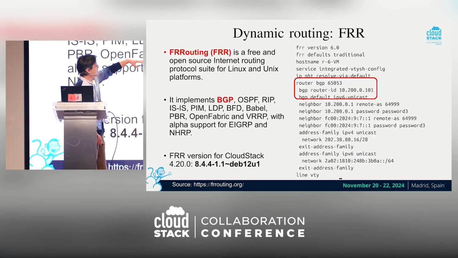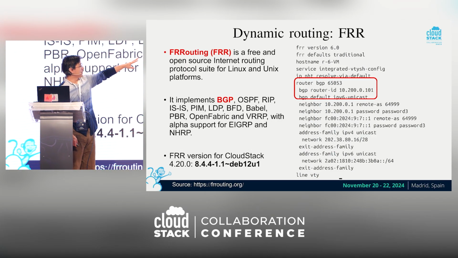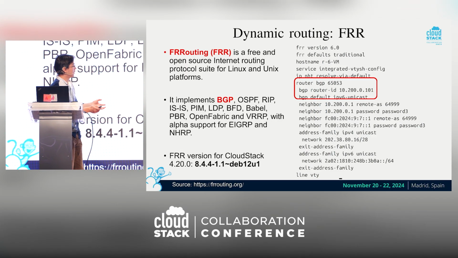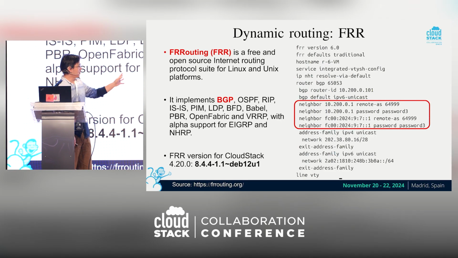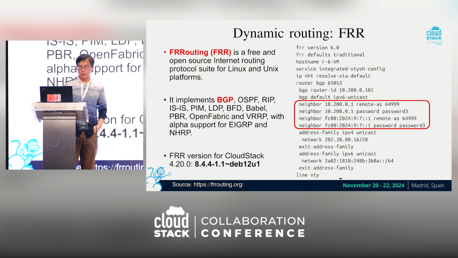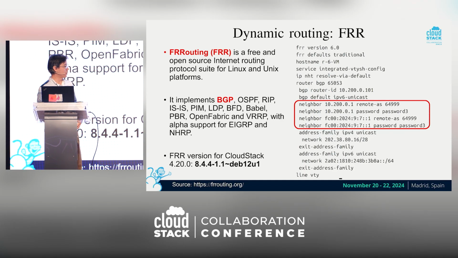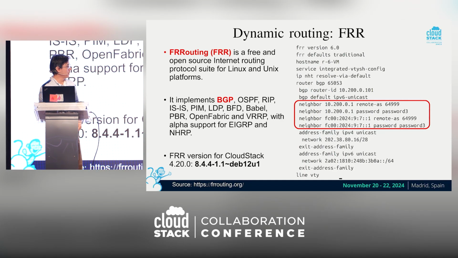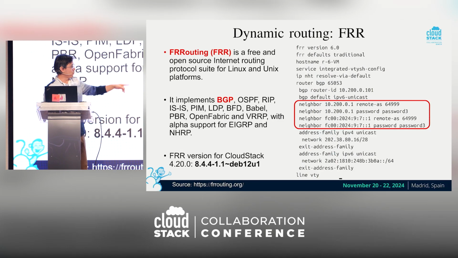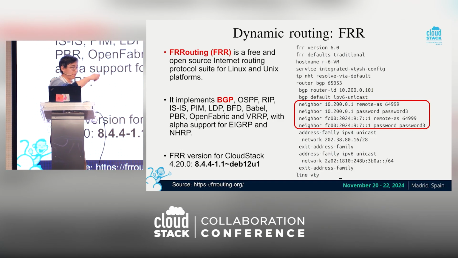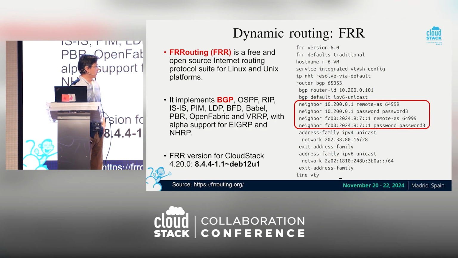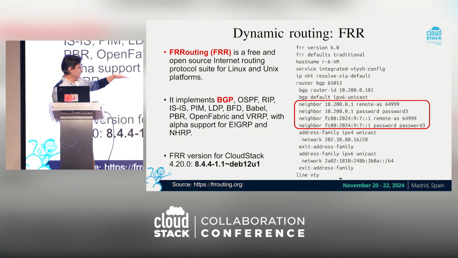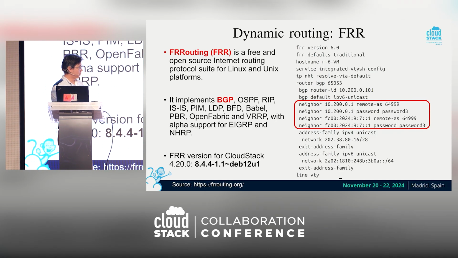There is some basic configuration which specifies the AS number of the CloudStack VR. The next section is the configuration of the neighbors, the remote BGP servers: the AS number, the password, and it supports both IPv4 and IPv6. If there are multiple BGP peers, we can add multiple configurations for them.